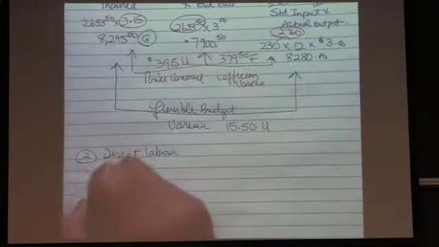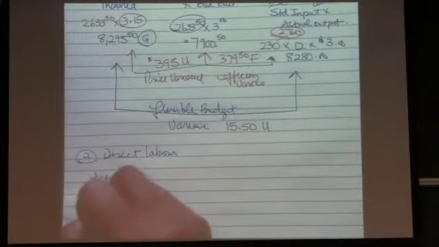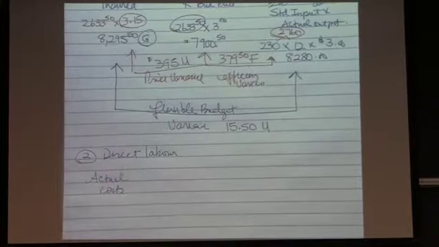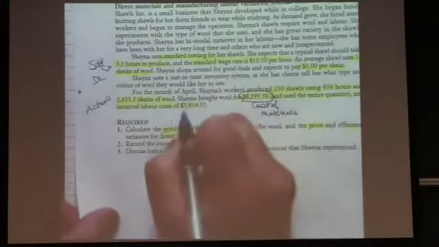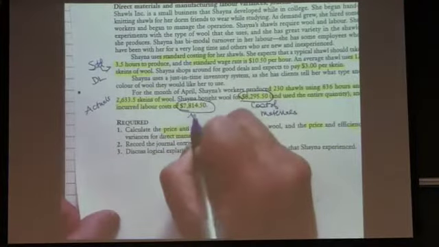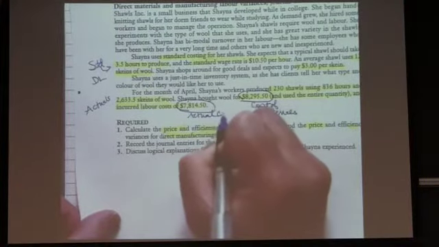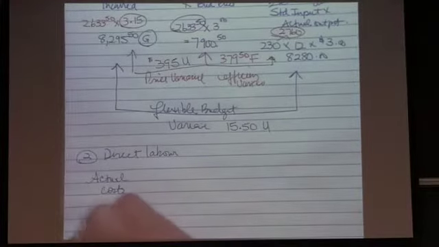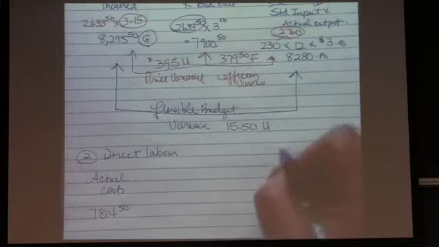So first, we want actual cost. What was the actual cost of labor? We're given that amount again. So we were given actual cost at 781450. What was the flexible budget?